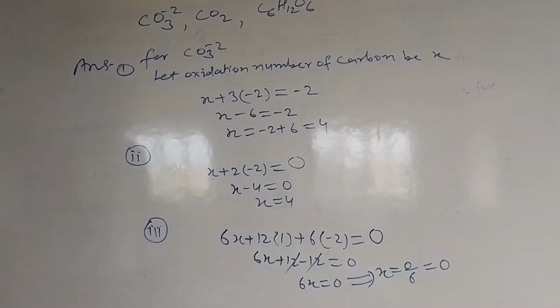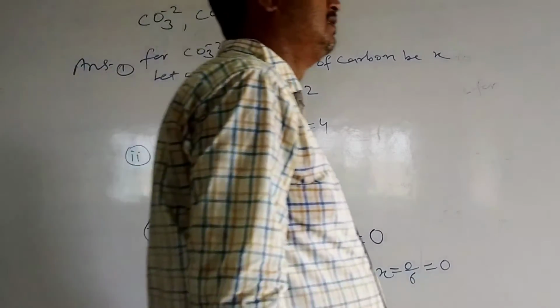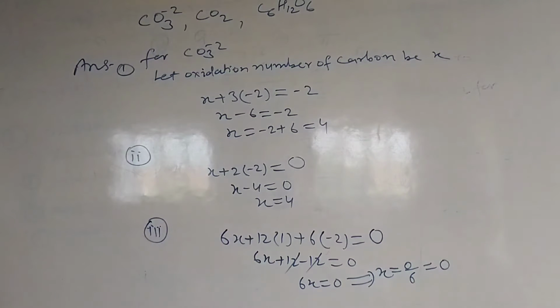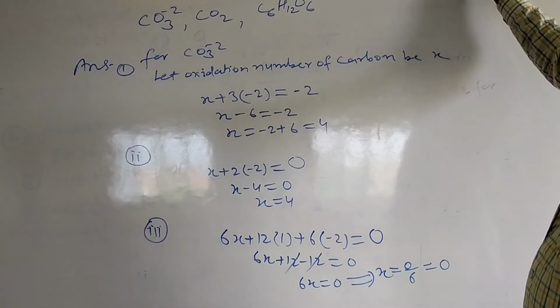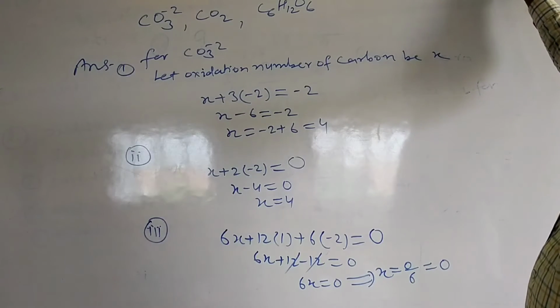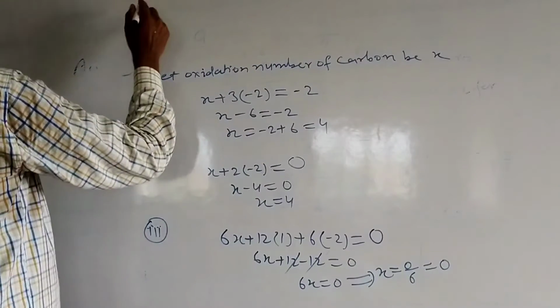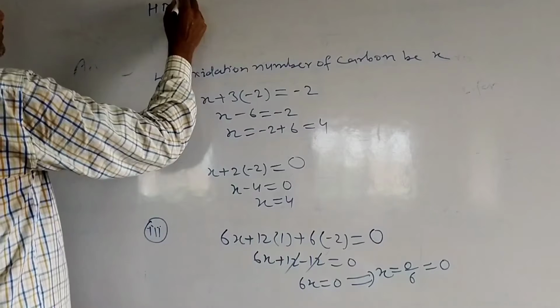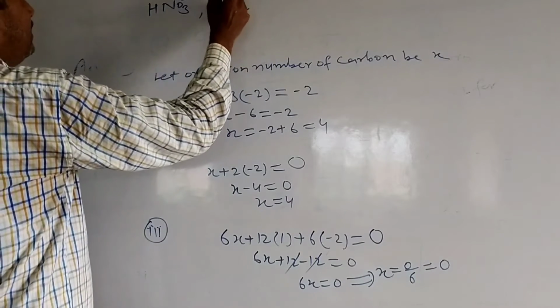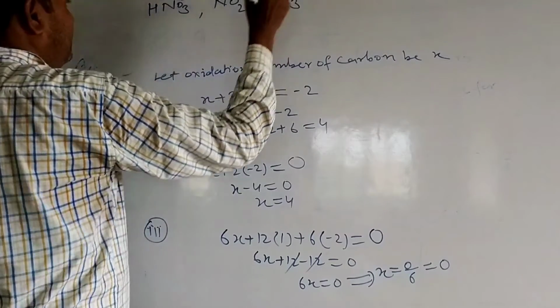Next example. Calculate the oxidation state of nitrogen in the given species: nitric acid, nitronium ion, nitrate.